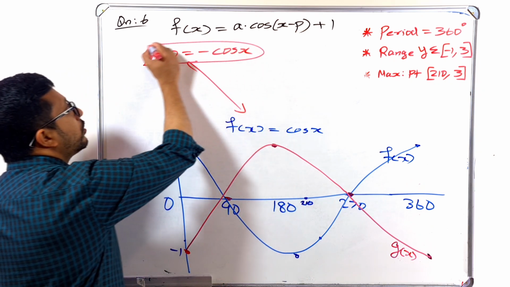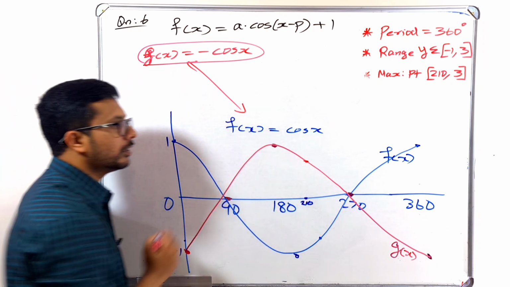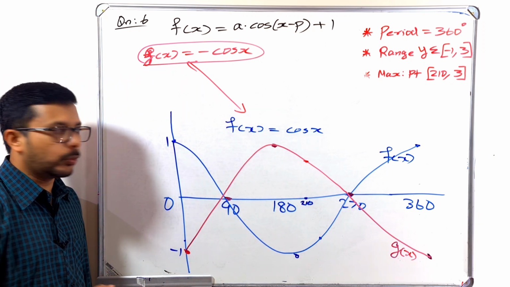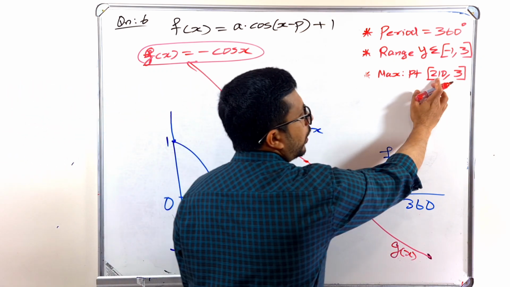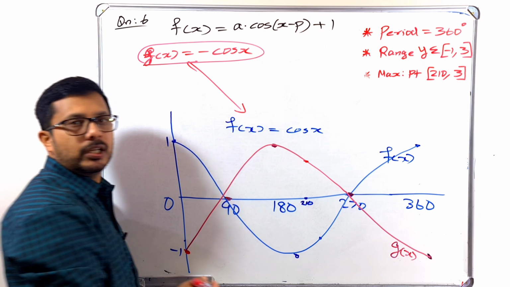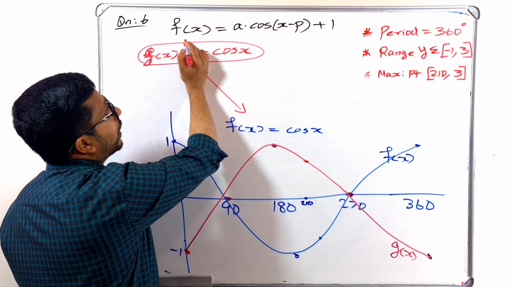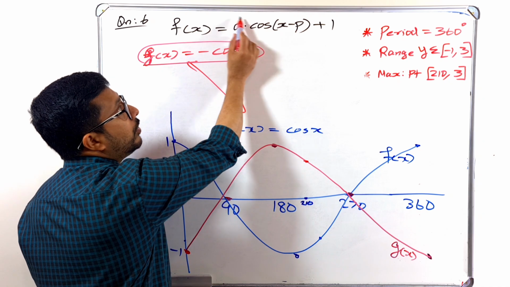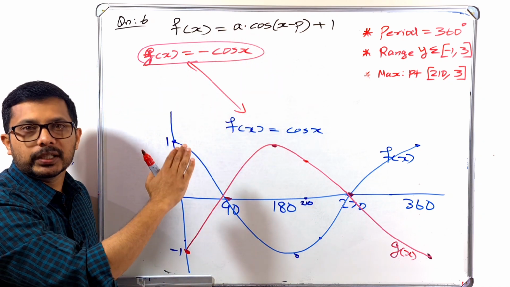Now look at this one. g of x is equal to minus cos x. So for 210, can you see that you are getting a positive y value? So it means that in the graph they are talking about, the value of a is negative, or they are talking about a reflected graph.